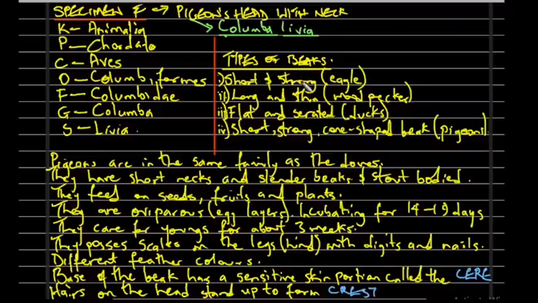Some beaks are short and strong, like those found in the eagle, because the eagle feeds on flesh, so it needs a very strong beak to tear flesh. That is why its beak is modified as such.